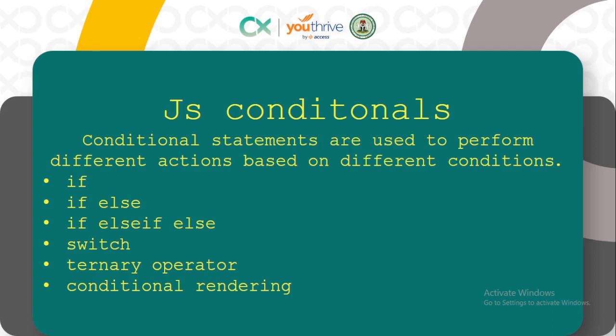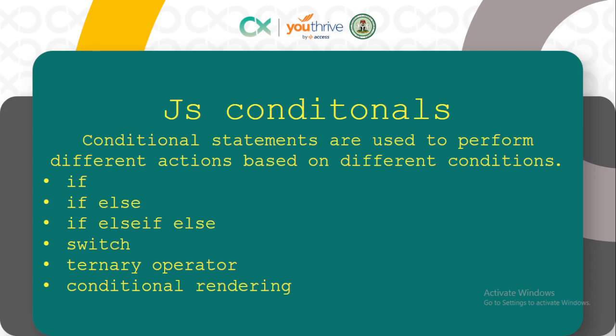You can also determine when your code will run based on a certain condition using conditional statements like the if and else, the if, else if and else, and the switch statement, which is usually used when the if, else if is becoming too much. Then we have the ternary operator, which is the shorthand version of the if else statement.